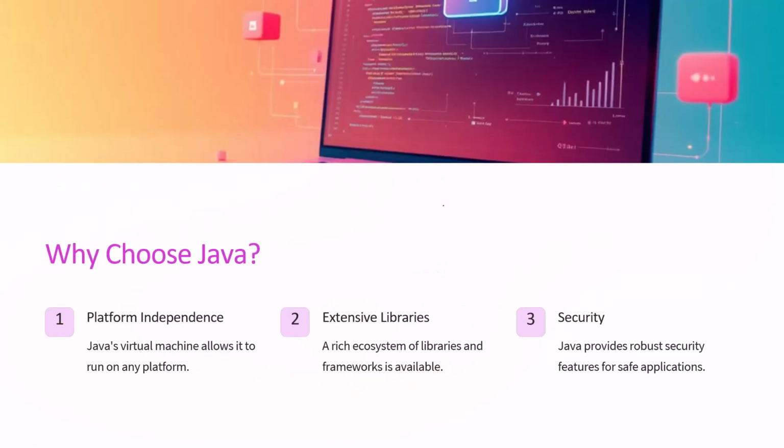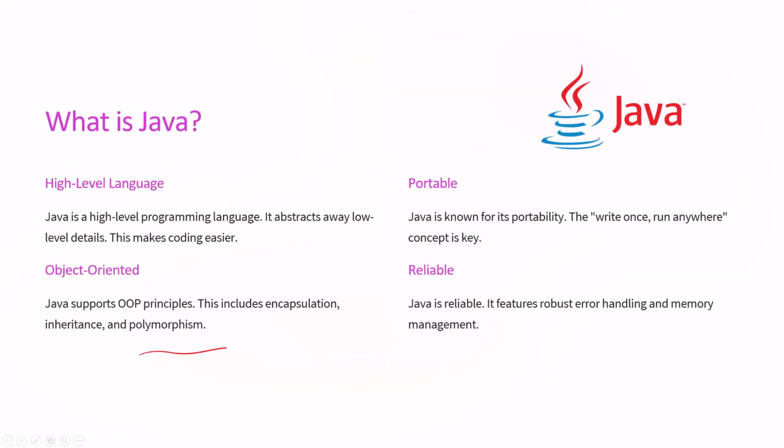Now, another feature of the language is portability. Java is a language that is portable. What does that mean? When Java was introduced, it was marketed as write once, run anywhere, and that was what actually propelled it. Programmers started gaining traction towards it.